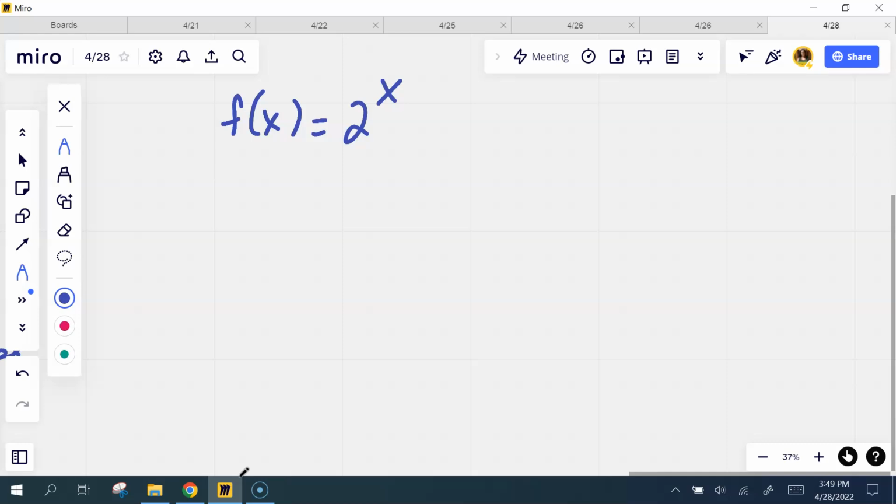Okay, so the first thing I want to know is, is it growth or decay? And if I look, my a is 1, my b is 2. B is what tells me that this is definitely growth. Okay. And then I also want to look at my asymptote.